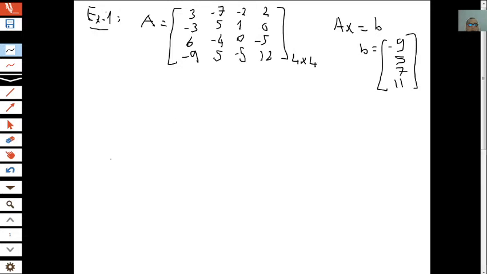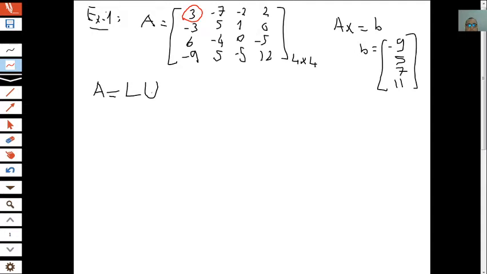Okay, so we want to find the LU factorization of this matrix, L times U. So we start with the first pivot position of the matrix A. When we look at the matrix A, the first pivot position is located in the first row, and this is the leftmost non-zero number, which is actually 3.